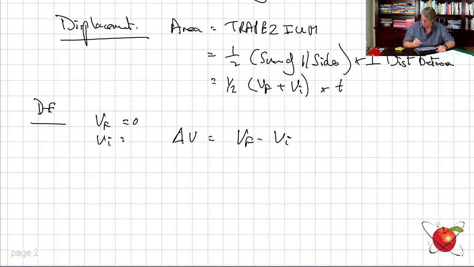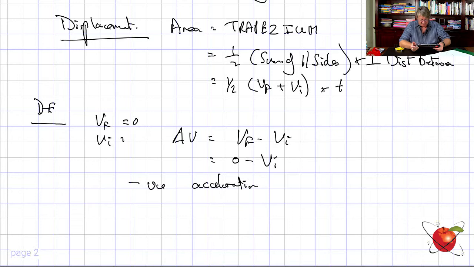Which is then going to be equal to 0 minus VI. Which means I have got a negative acceleration. And a negative acceleration means that I am slowing down.